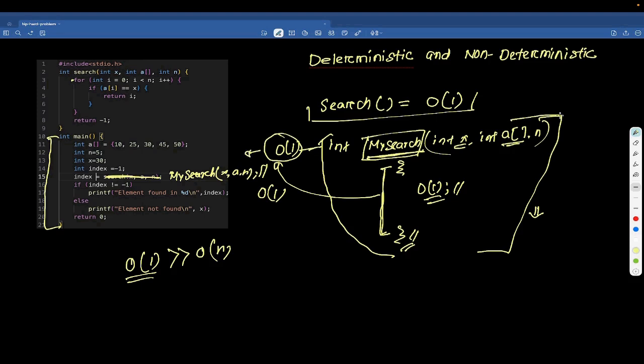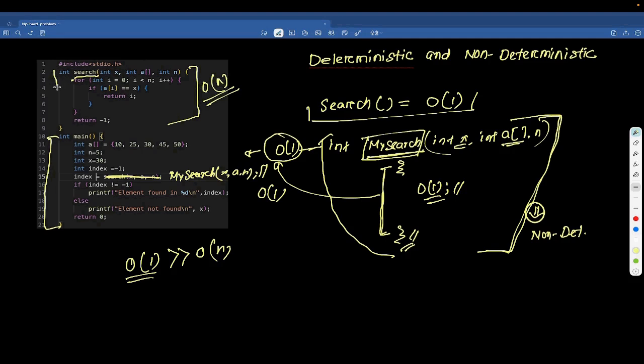Since we have included this type of algorithm, this kind of function is called a non-deterministic function. Whereas in the earlier case, if we use the search algorithm that we know about, it gives a time complexity of order of n, and it is well established.